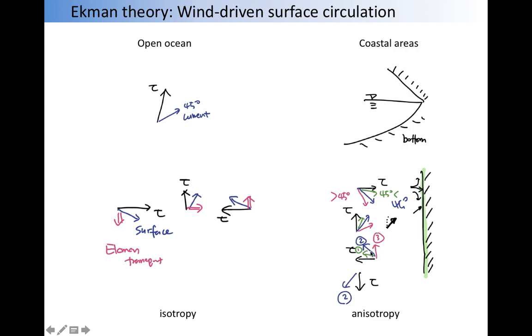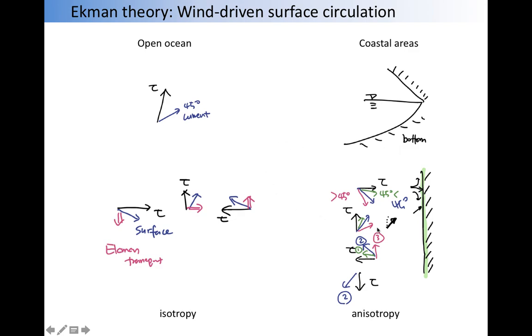So I think the 45 will be here, and this case will be 45 the same. But what I'm saying here is that when you have wind blowing, the wind-driven current has a constraint that will affect it, and the wind-driven circulation will be changed.